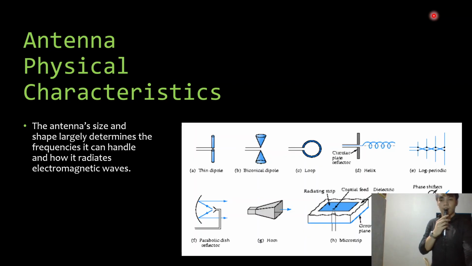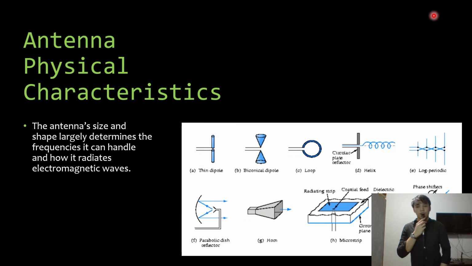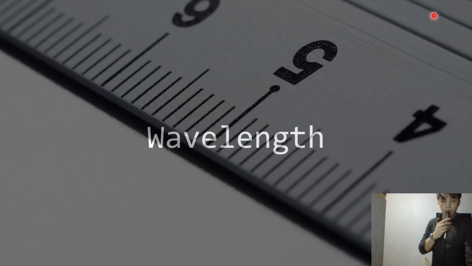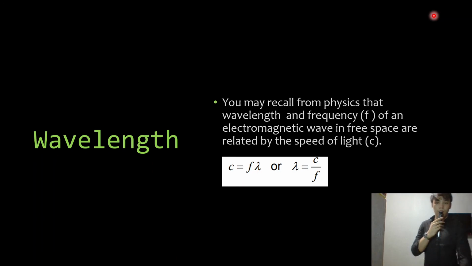Antenna's physical characteristics: the antenna size and the antenna shape largely determine the frequencies that it can handle and how it radiates electromagnetic waves. So wavelength: we may recall from physics that wavelength and frequency of an electromagnetic wave in free space are related by the speed of light.